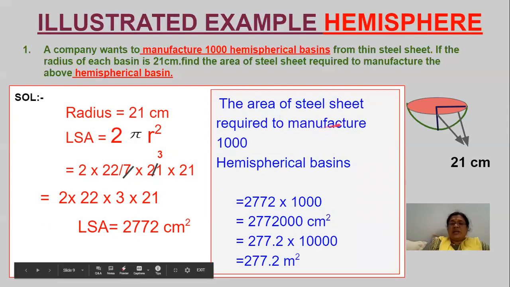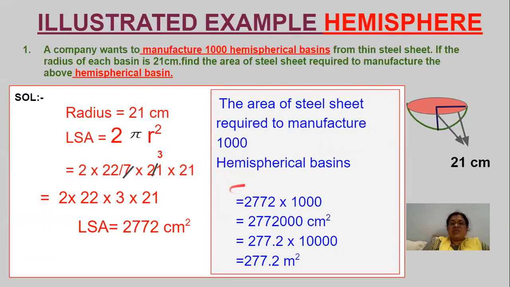See here, the area of sheet required to manufacture 1000 hemispherical basins. So 1000 means LSA. One basin requires 2772 centimeters square, so for 1000 you have to multiply by 1000.